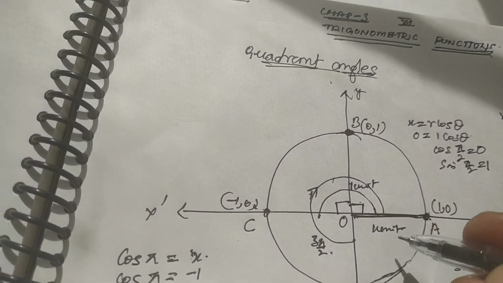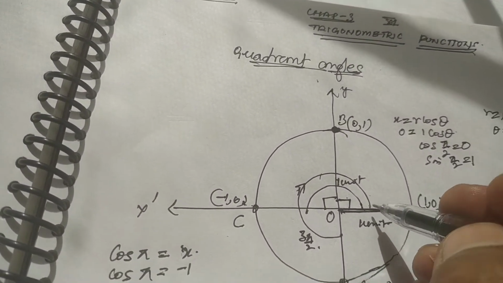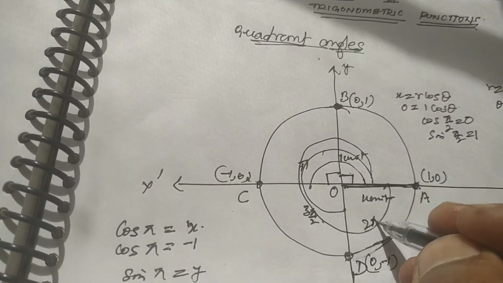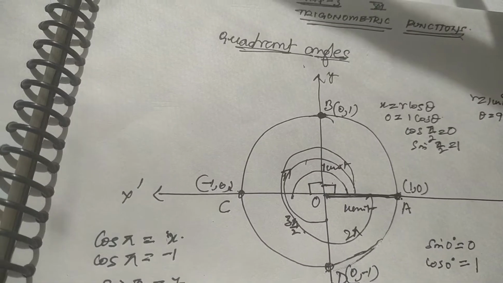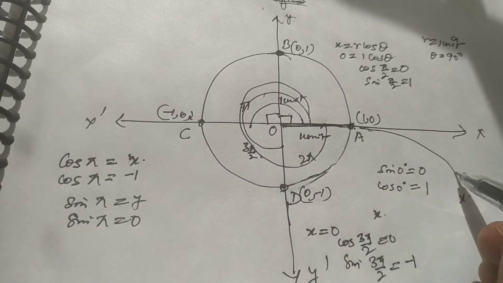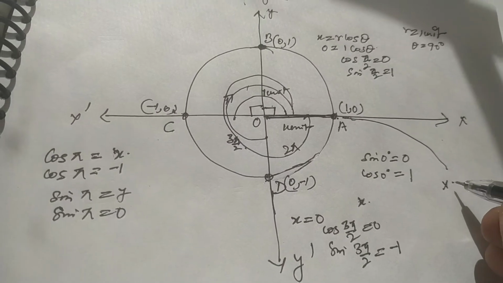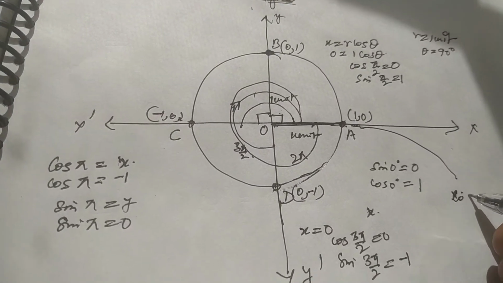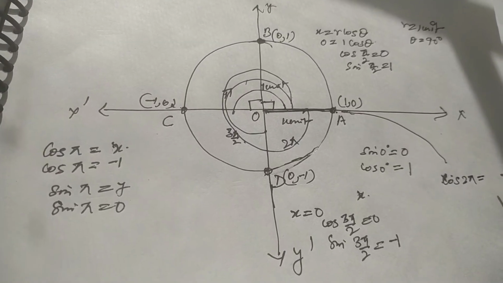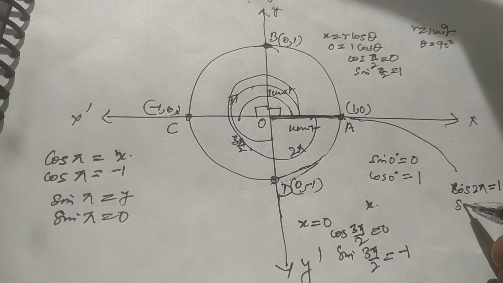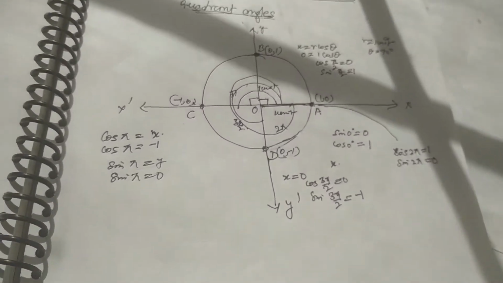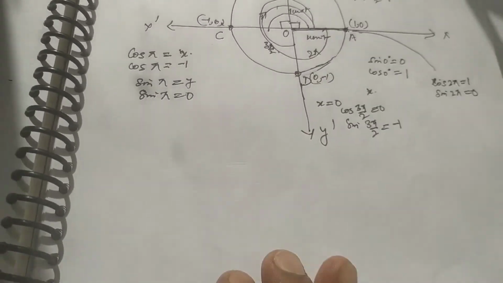For the complete revolution, the angle is 2 pi. At 2 pi, x is equal to 1, so cos 2 pi is equal to 1 and sine 2 pi is equal to 0. That is one revolution.